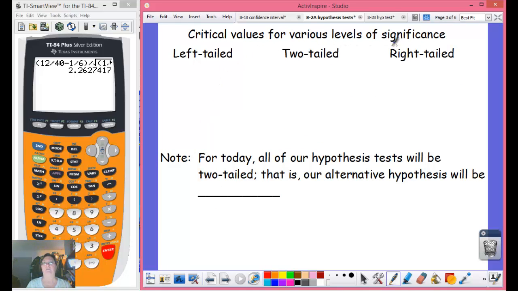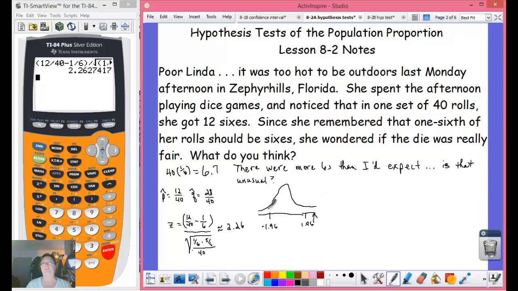I want us to think about this. What is considered critical? In the previous example, if we got beyond 1.96 on either end, we considered that unusual. And again, you know that is the middle 95% of values inside. We've used that for quite a while. That means that on either side of this, there is 0.025 of probability left.